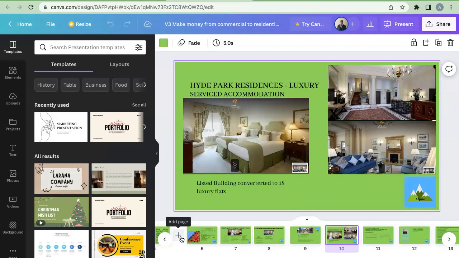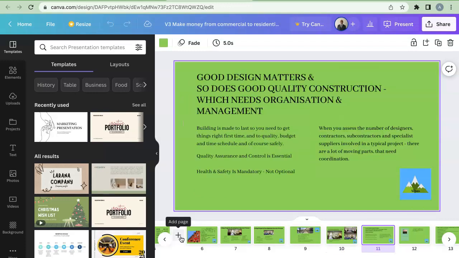This is an example project that we converted from a listed building into luxury accommodation in Hyde Park. 18 luxury flats operated as serviced accommodation extremely profitably for many years.